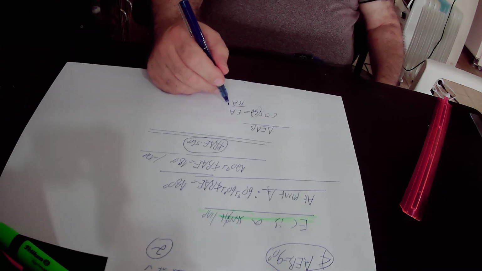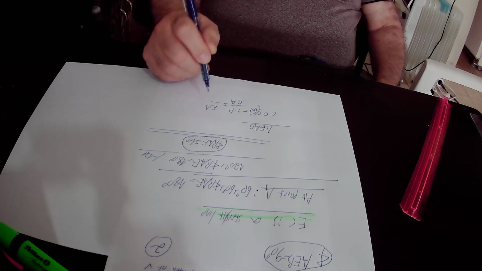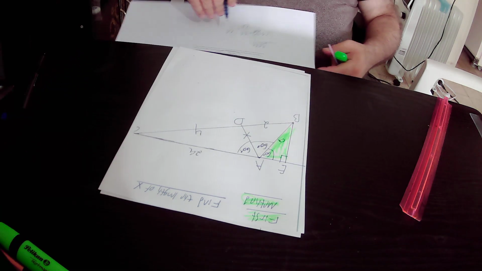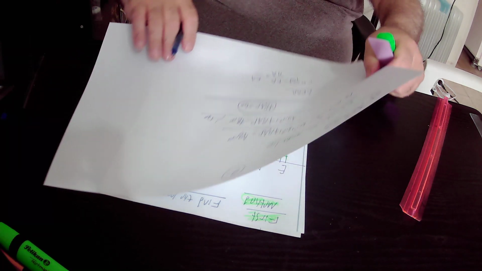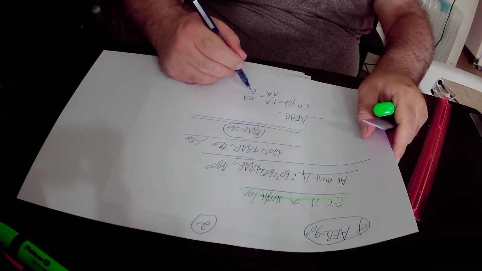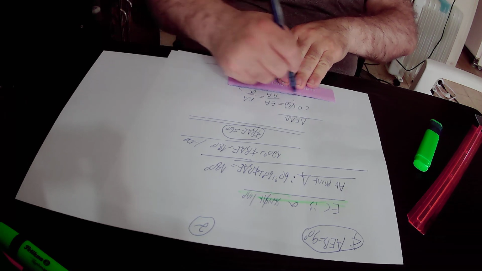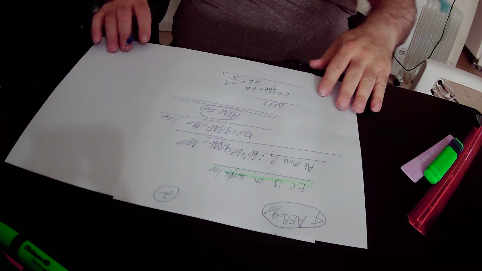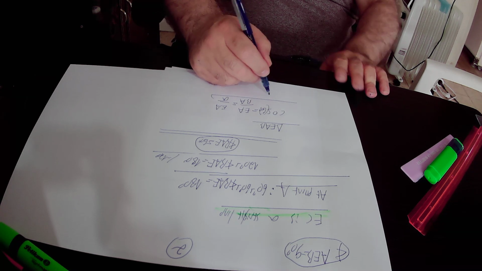So cosine 60 degrees equals EA over BA, but BA equals A units according to what is given in the question, so we substitute BA by A. We know that cosine 60 degrees equals 1/2, so we substitute cosine 60 degrees by 1/2.